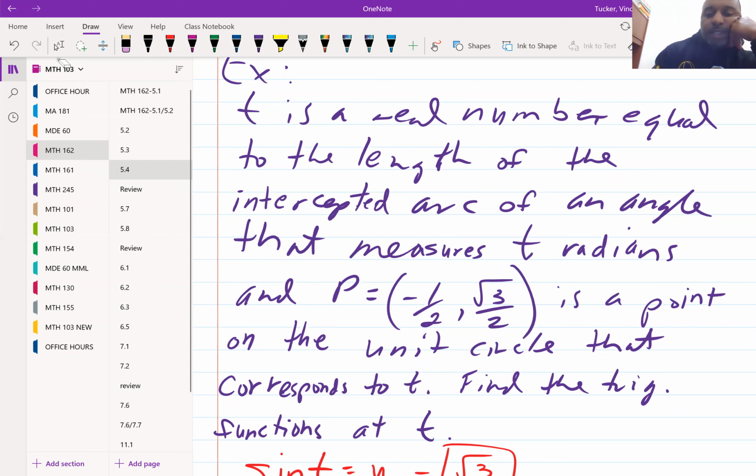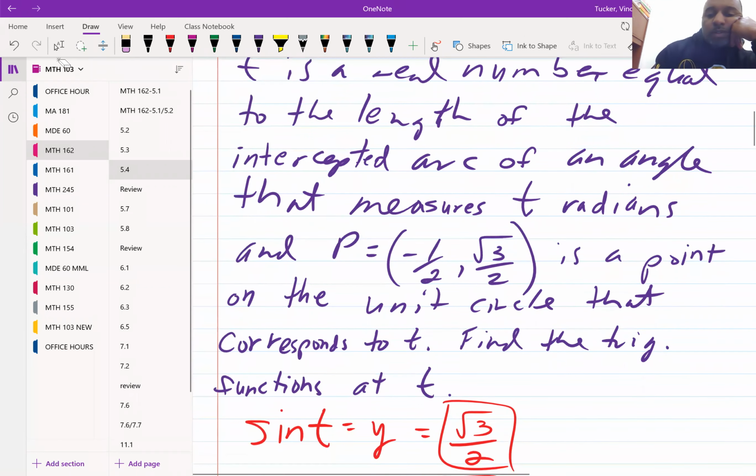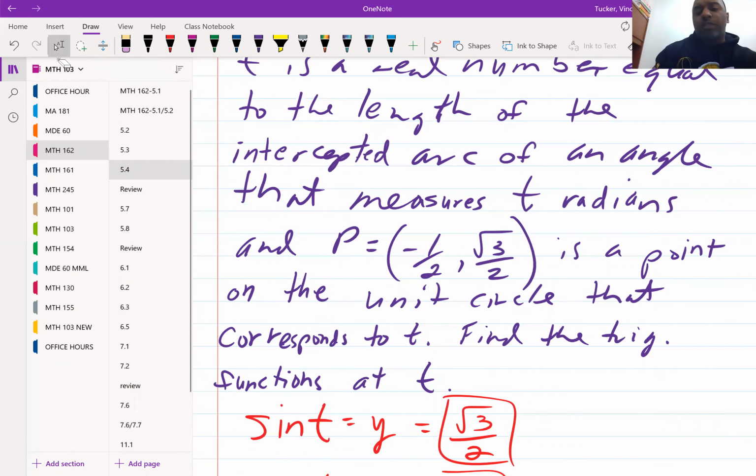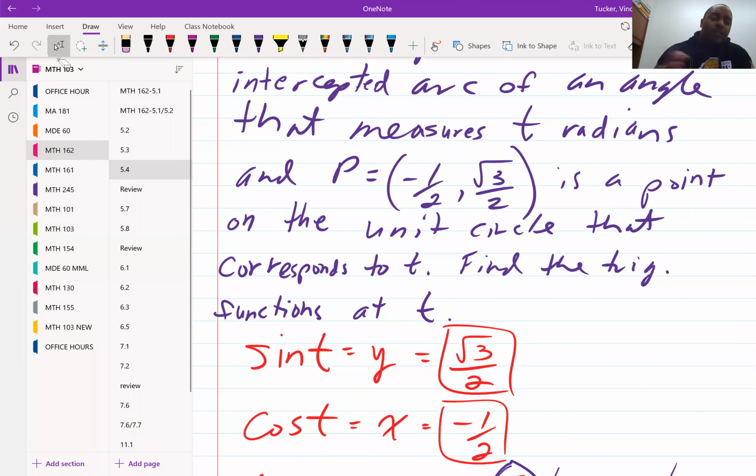Find the trig functions at t. So the easiest ones to find for us are sine and cosine. So once again, sine is y, cosine is x. The ordered pair is always x, y.